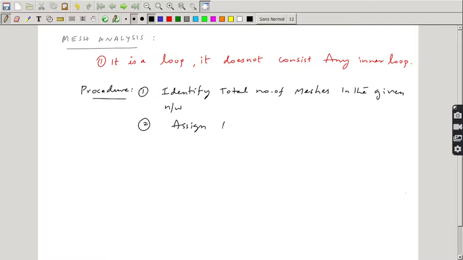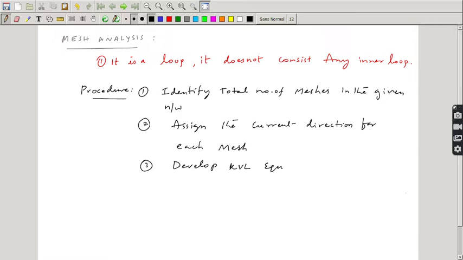Second point, assign the current direction for each mesh or loop. Third point, develop the KVL equation in each loop, in each mesh.